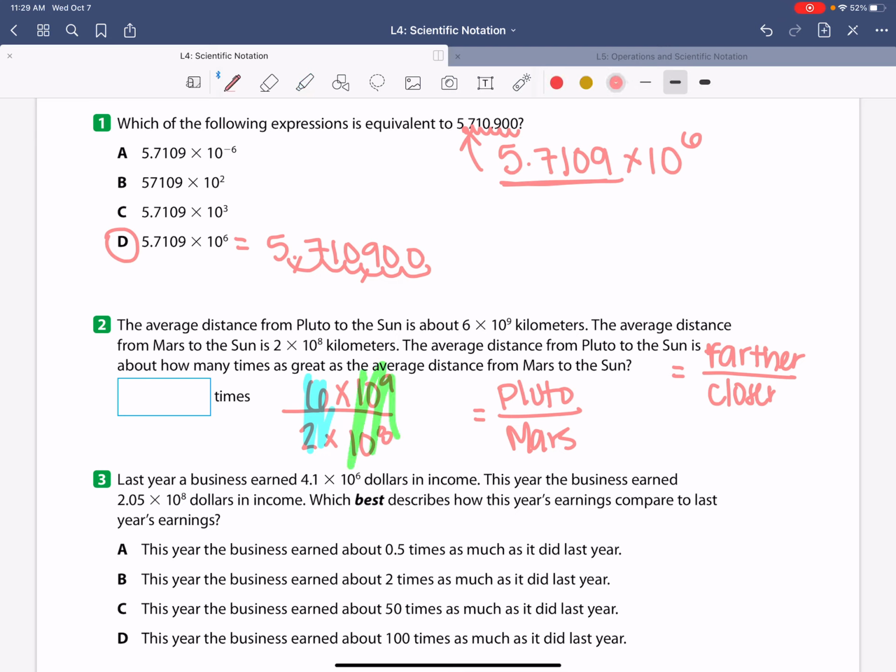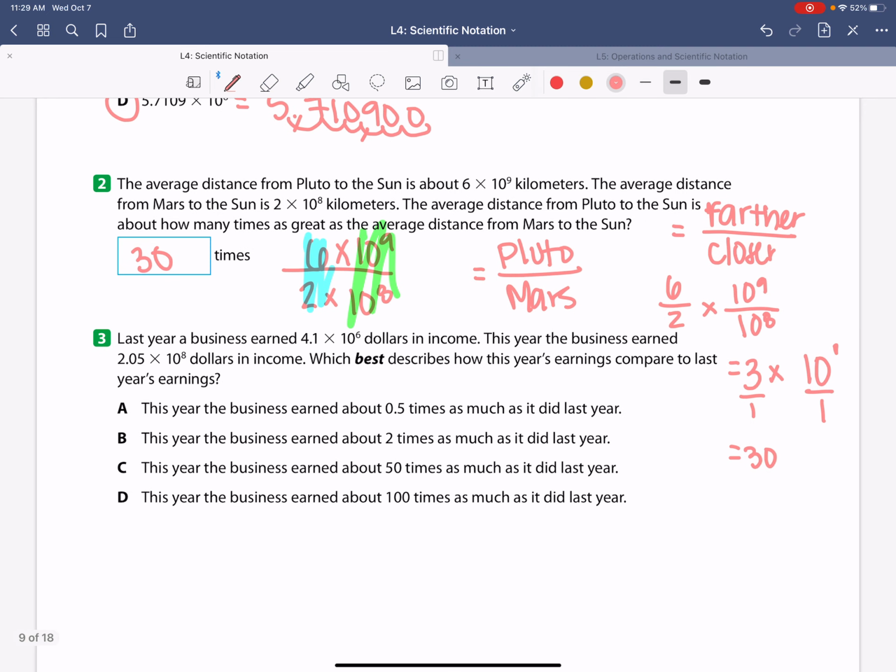All right, so we have 6 over 2 times 10 to the 9th over 10 to the 8th. 6 over 2 is equal to 3 over 1 times 10 to the 9th over 10 to the 8th. It's just our quotient rule. So we keep our base the same and subtract our exponents. That's 9 minus 8, which is 1. So we've just got 3 times 10 to the first power is 30 times. So it's 30 times as far is our answer here.